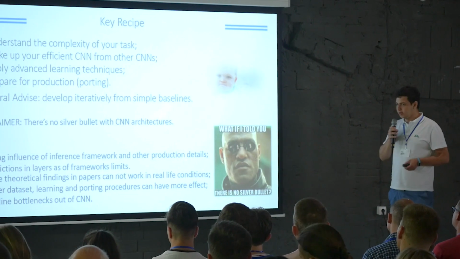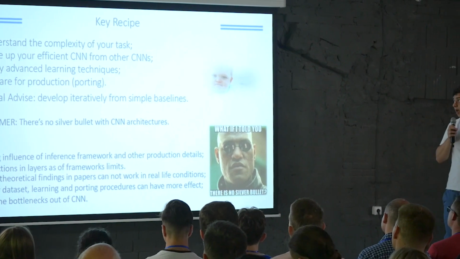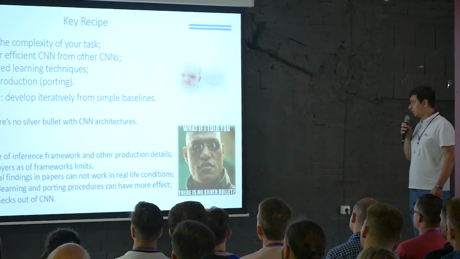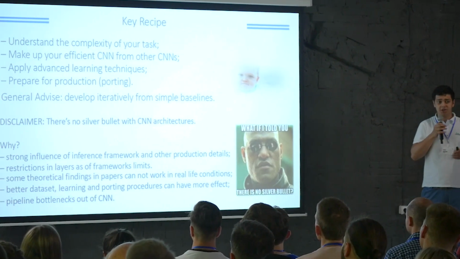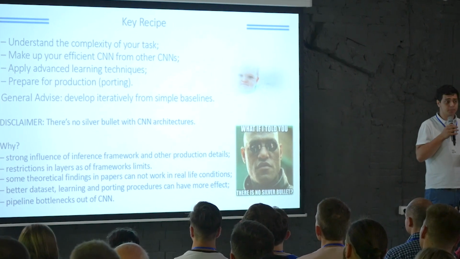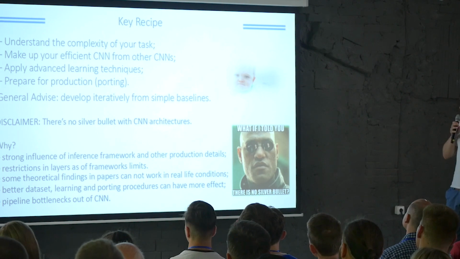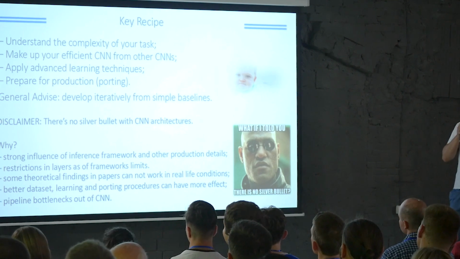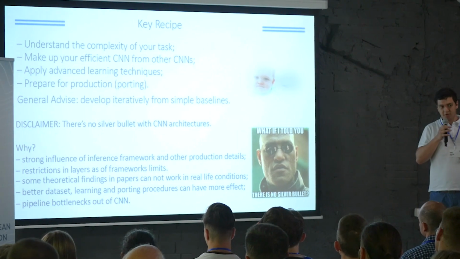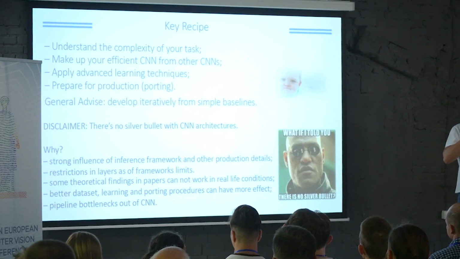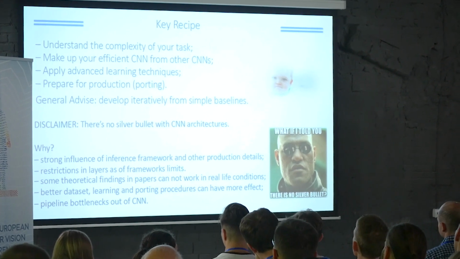So when you have a task to develop an efficient neural network, you should pass through some steps. At first, I think you should understand your task. For example, you should feel how big a receptive field you need for your task, or maybe you have very different features, so you need to use lots of filters.